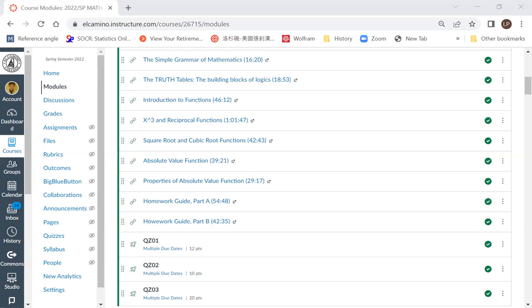Today we're going to talk about the if statement involving these functions. The if statement for the absolute value function.